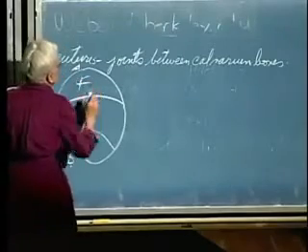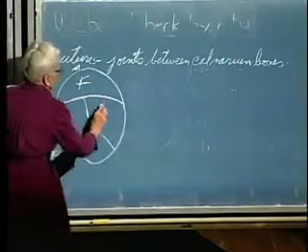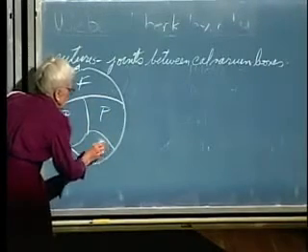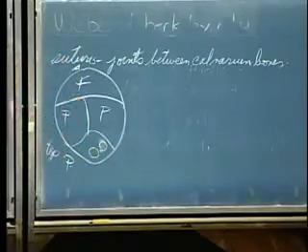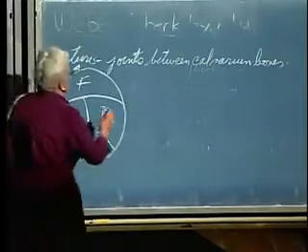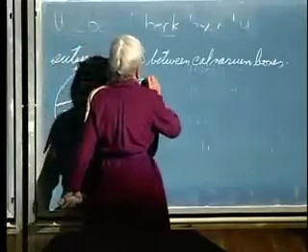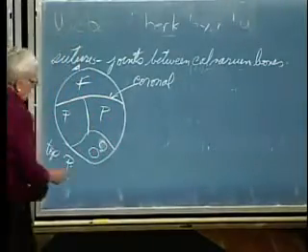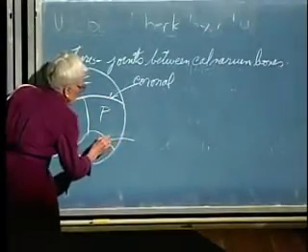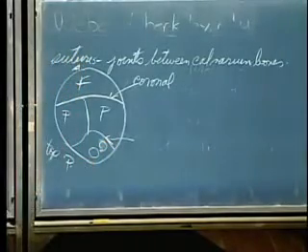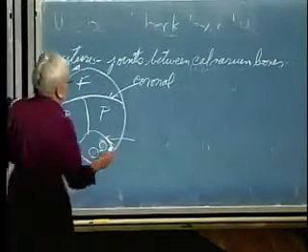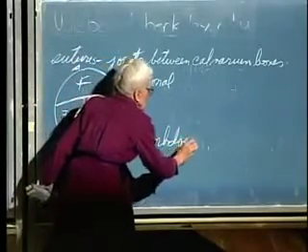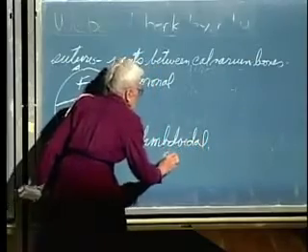So here I have my frontal bone, my parietal, and my occipital with the foramen magnum. And I've put in the sutures. This one will be the coronal suture, between the frontal and the parietal. This one will be the lambdoidal suture.